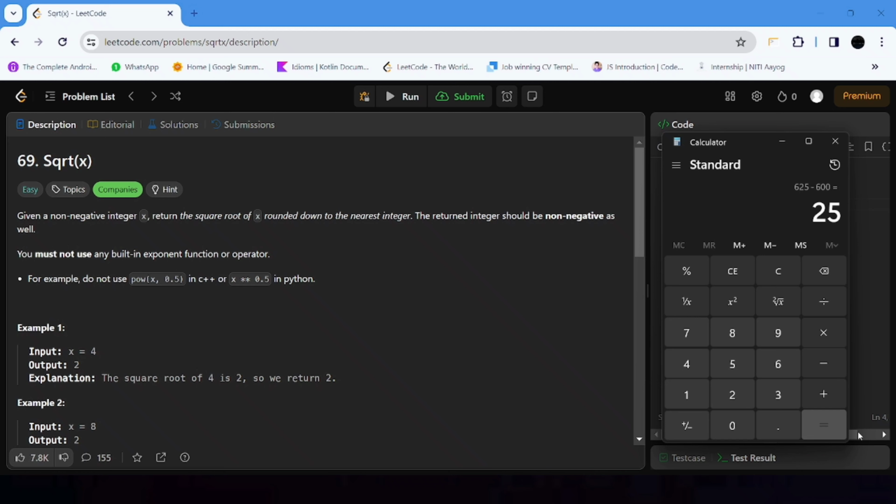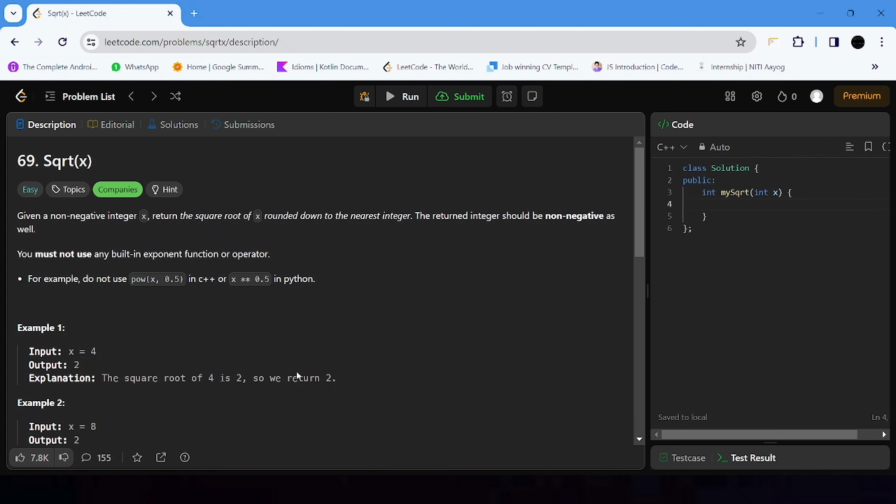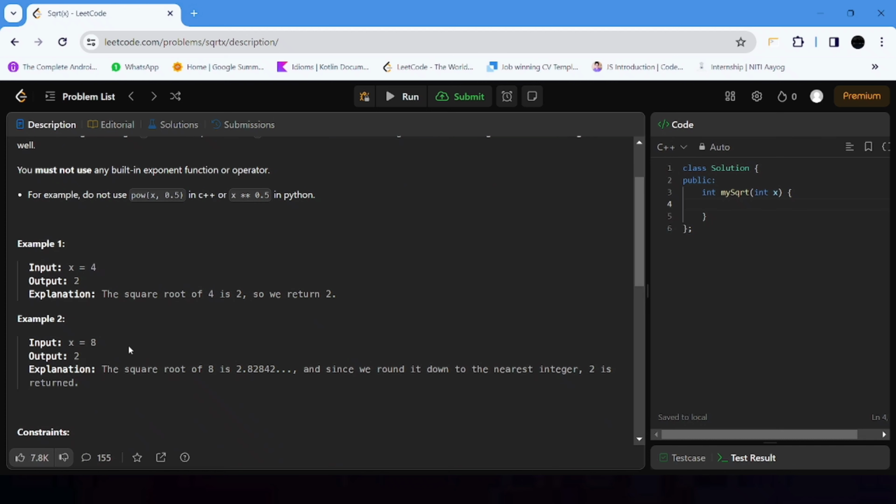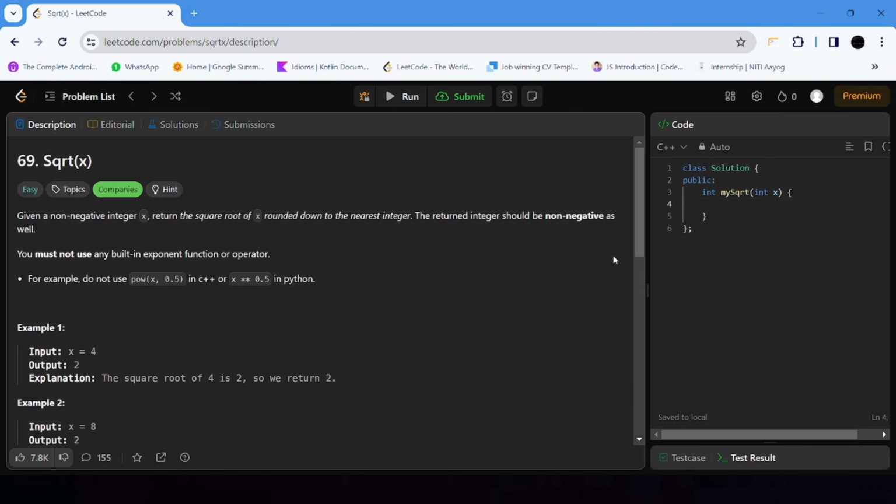We know that 576 is closest to our 600. Therefore, for our input x as 600, we will be returning an output of 24. Here in example 2, our value is given as x equal to 8. Now we will be writing our code for our problem statement.